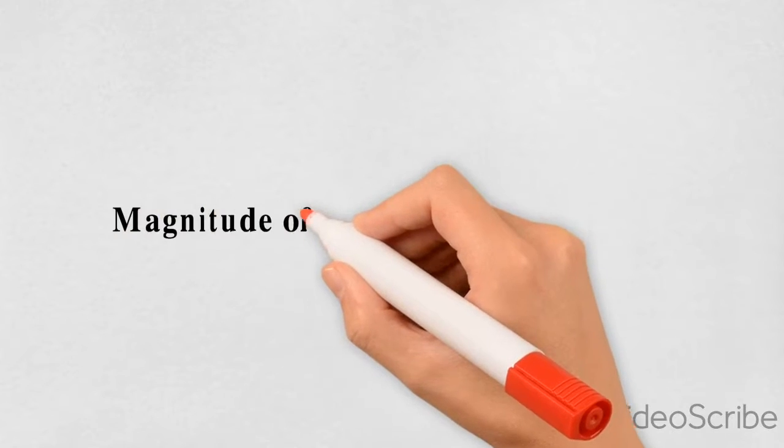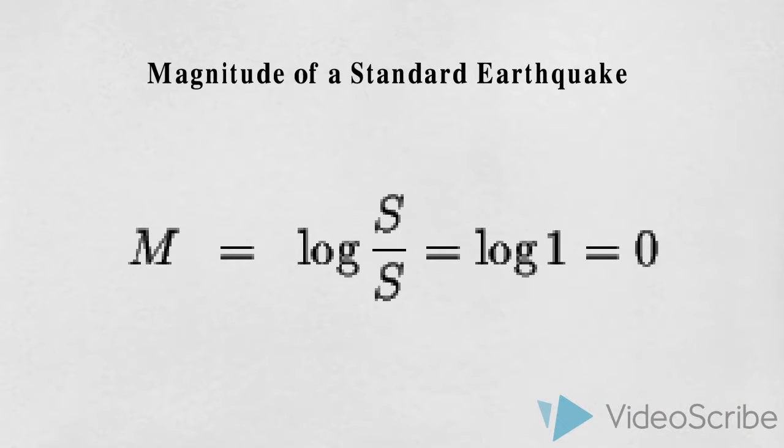The magnitude of a standard earthquake is M equals log S over S equals log 1 equals 0.